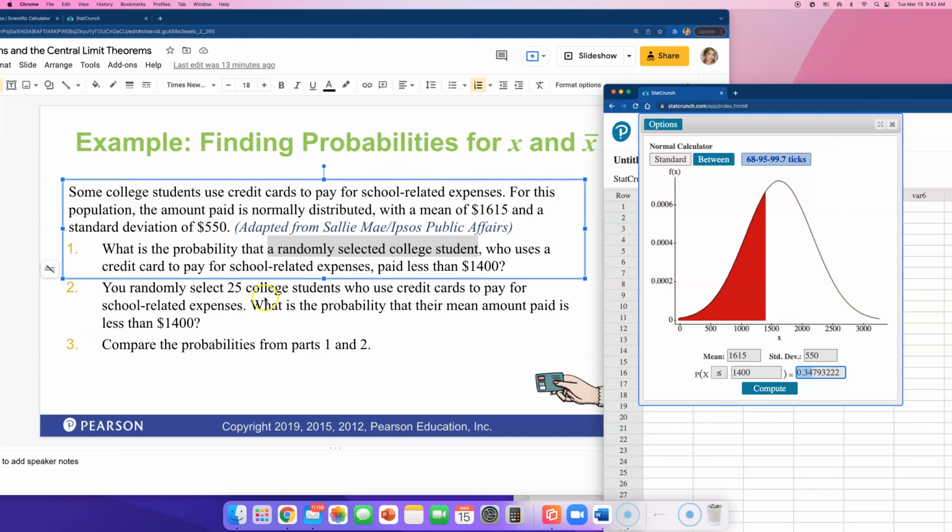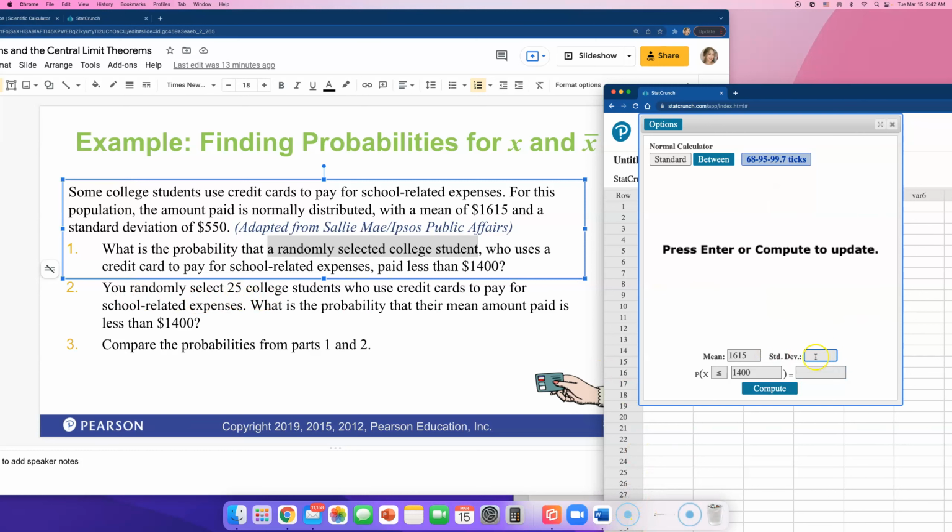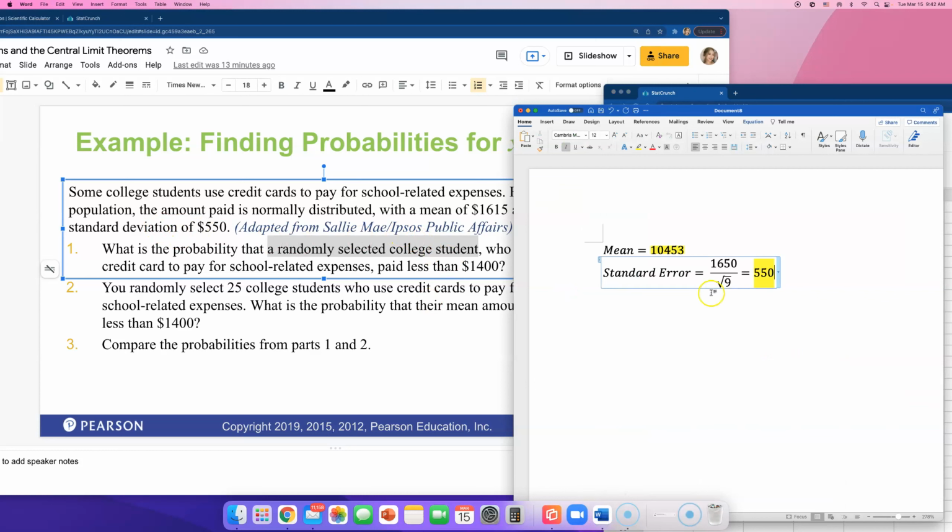Now, the next question is a little bit more involved, because this one is about a sampling distribution. We randomly select 25 college students. In that case, we don't get to use that 550 as a standard deviation anymore. The mean is the same, 1615, but we're going to have to find the standard error. We divide the population standard deviation by the square root of the sample size.